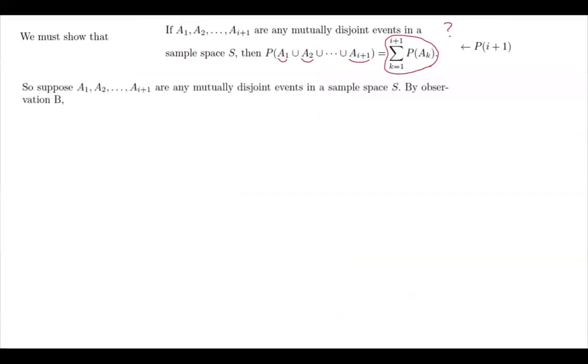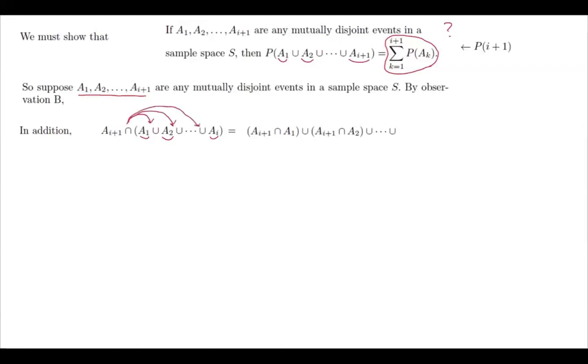First of all, we know that these sets are mutually disjoint. By observation, we know that A sub i plus 1 intersection with the union of these mutually disjoint sets can be written as, remember, intersection can be distributed over union, A sub i plus 1 intersection A1, union A sub i plus 1 intersection A2, and finally A sub i plus 1 intersection A sub i.